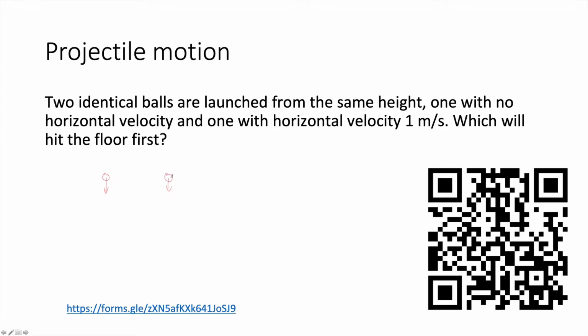So even though this ball is traveling horizontally this way, it's still feeling the same downwards force. So they'll actually hit the floor at the same time, because their downwards acceleration is the same, and so their downwards motion is exactly the same. It's the horizontal motion which is different.